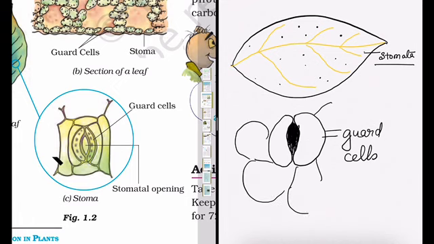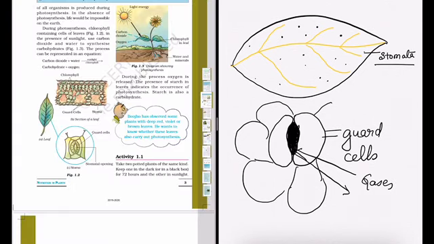Because there is an opening here, what will happen? The gases can come inside the leaf and get outside of the leaf. The leaf is getting the gases from the atmosphere.